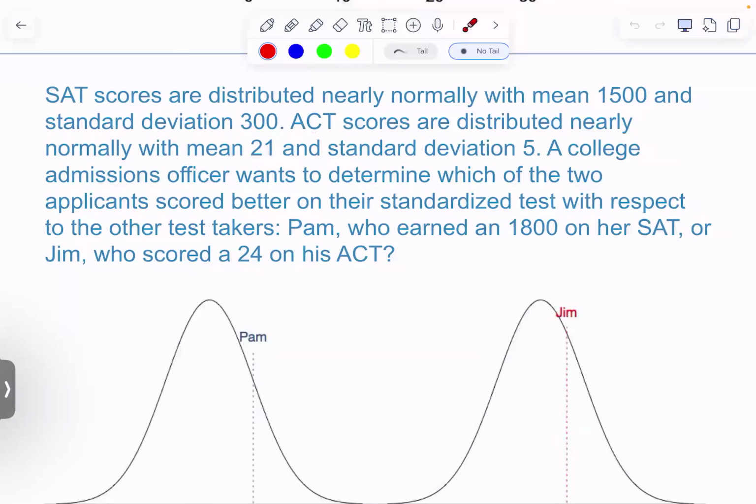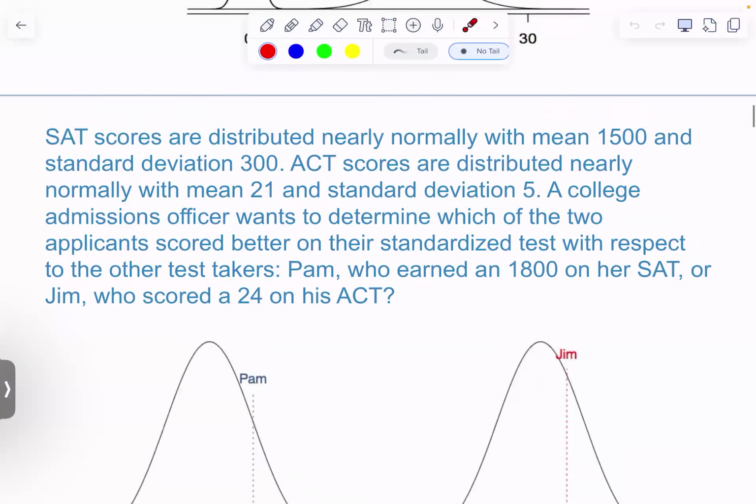They're both college entry exams, right? But they're scored on different scales. So SAT scores are distributed nearly normally with a mean of 1,500 and a standard deviation of 300. How can we summarize that?